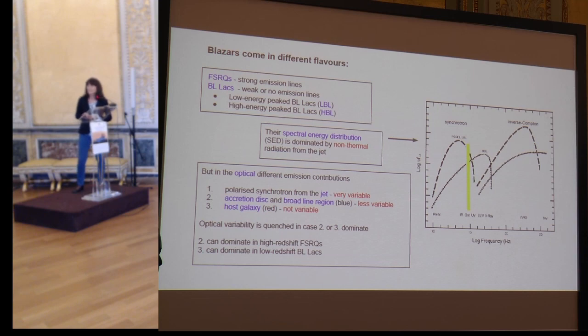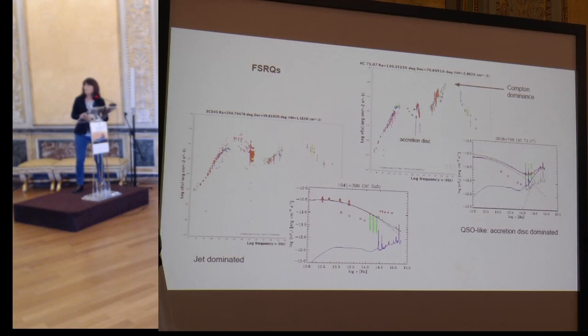So in case the accretion disk and host galaxy contributions dominate, it is very difficult to distinguish a blazar without spectroscopic or multi-wavelength information. These are two examples of flat spectrum radio quasars.